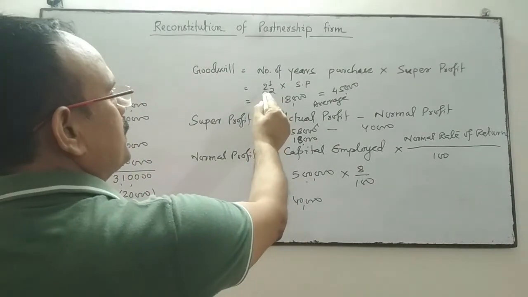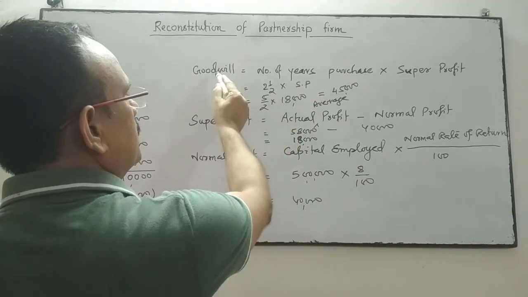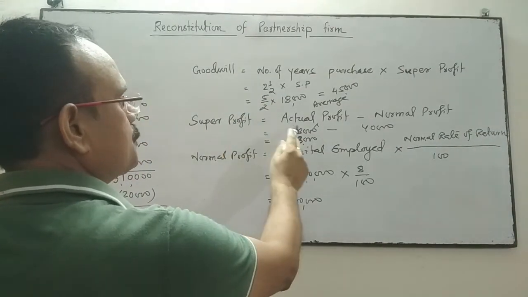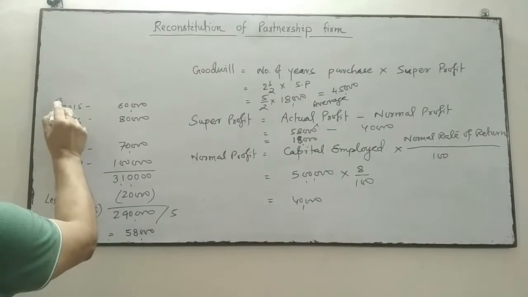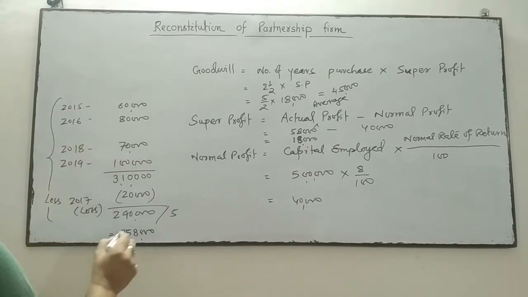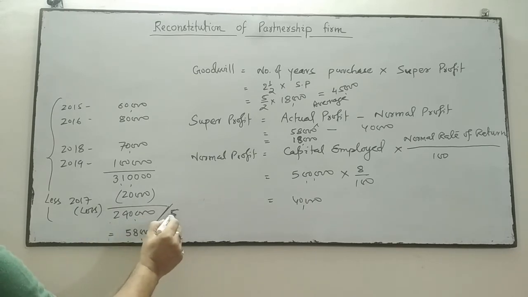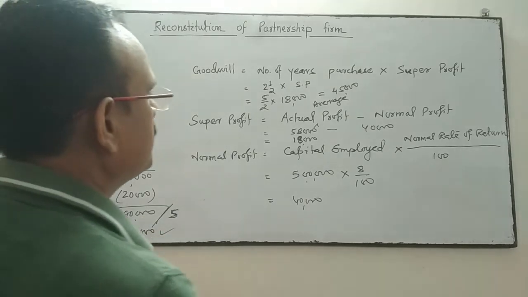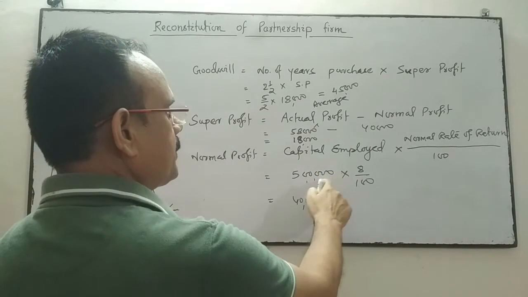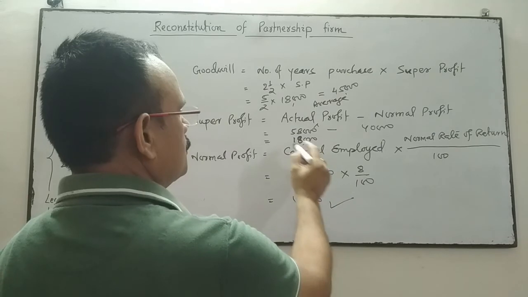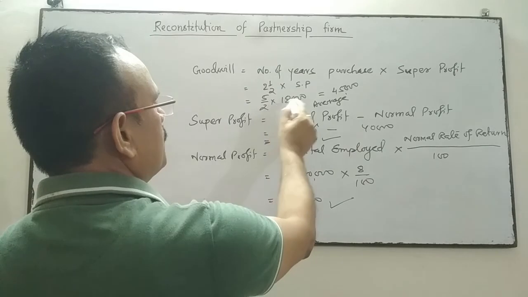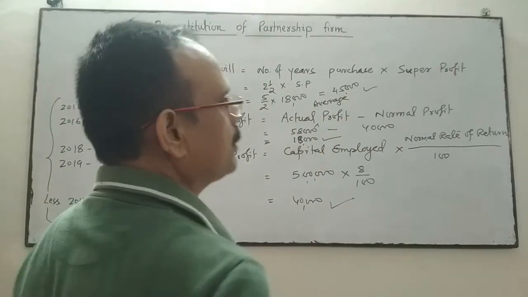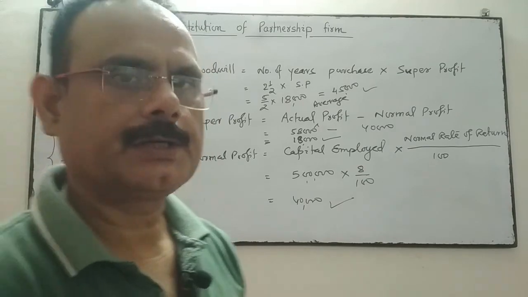In the question, 2.5 years purchase into super profit is given. We calculated the super profit as actual average profit of the last 5 years, the total profit divided by 5, which is 58,000, minus 40,000, the normal profit, capital employed into normal rate of return. So super profit is 18,000. Now you multiply 2.5, that is 5 by 2, into 18,000, and 45,000 is your goodwill. Is it clear?